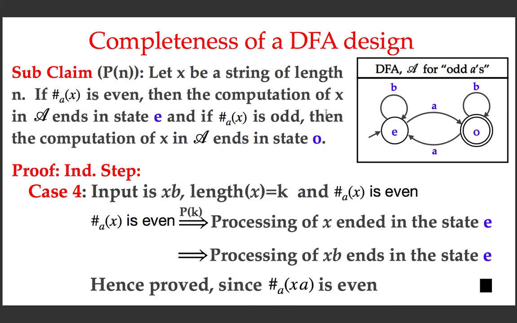Why? Because the number of A's in XB is even. Because the number of A's in X is even, and an even number plus 0 stays even. Note there is a typo on the slide; this should be XB, so read it as B. So you are ending in the state E.